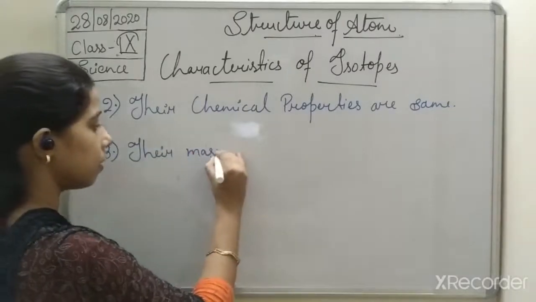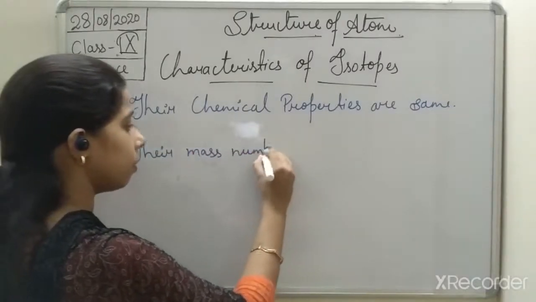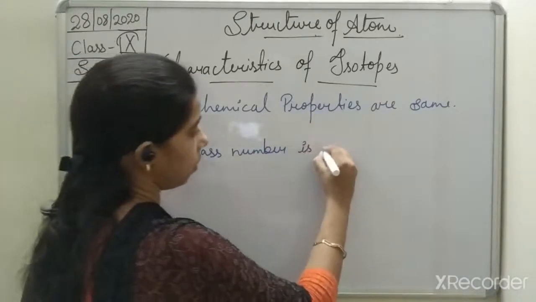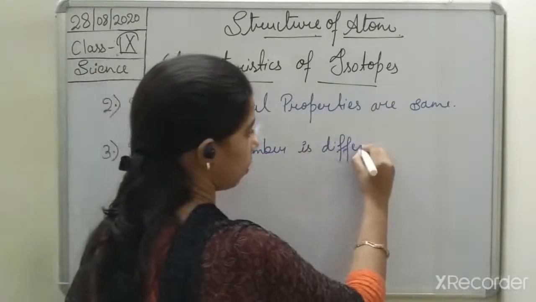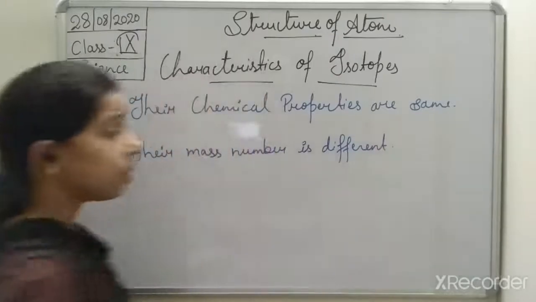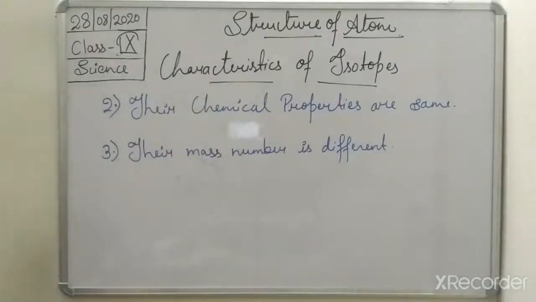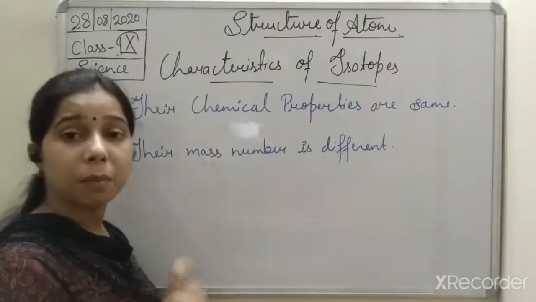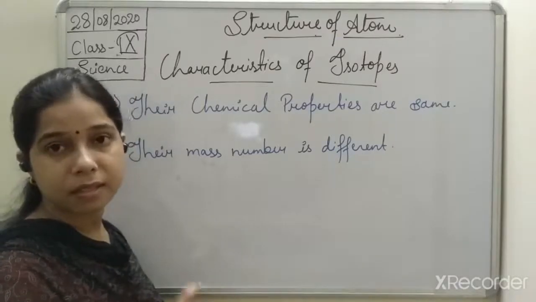Then the third one, students, the mass number is different. So their mass number is different. What does that mean? It means that the number of neutrons present is different.